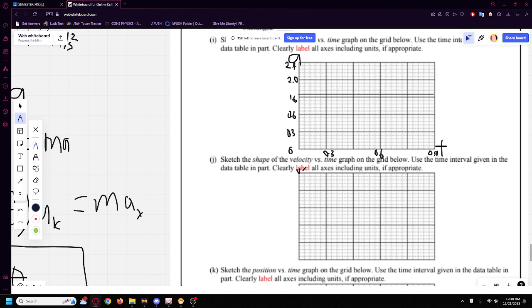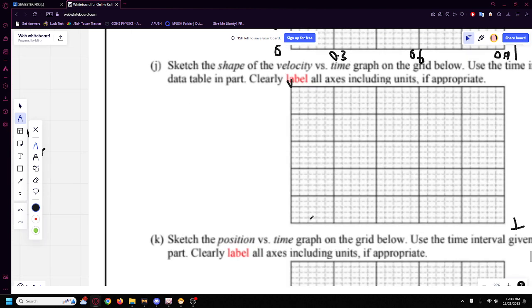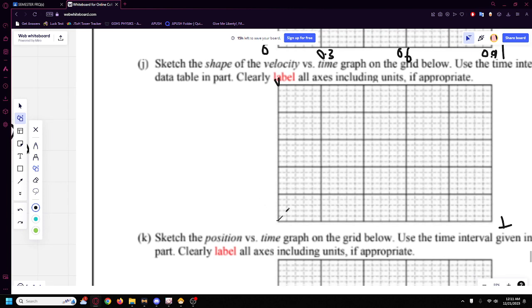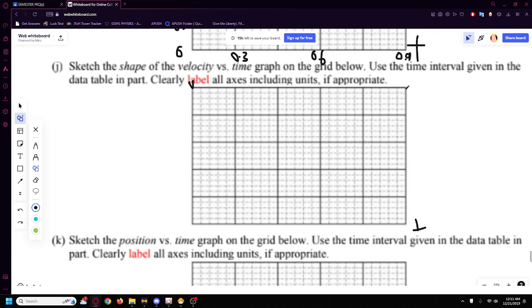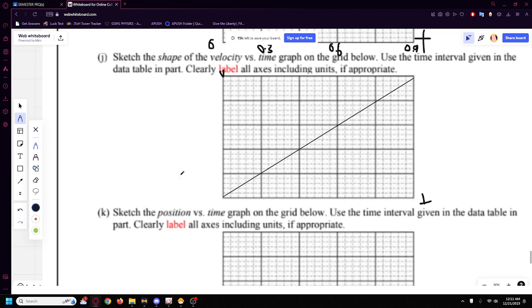This is the V of t graph. The velocity increases at a constant rate.